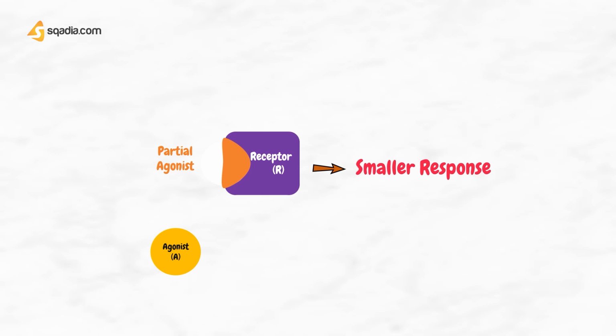When acting alone at receptors, partial agonists stimulate a physiological response, but they can antagonize the effects of a full agonist. This is because some of the receptors previously occupied by the full agonist become occupied by the partial agonist, which has a smaller effect, like in some beta-adrenoceptor antagonists.